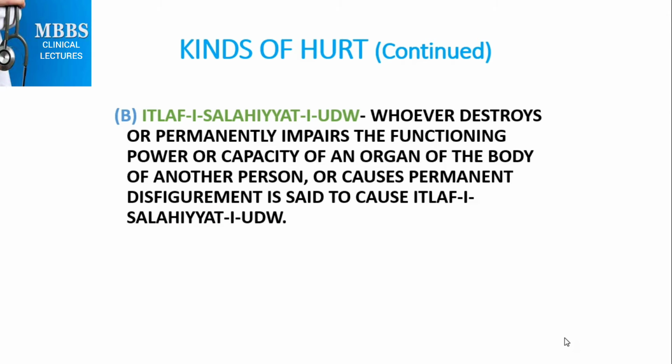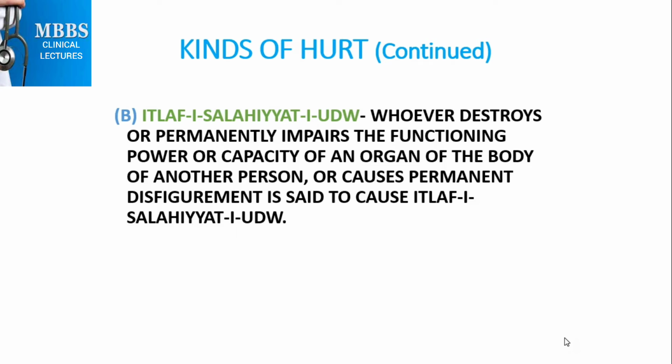Next is itlaf-e-salahiyat-e-udu. As I said, these are Arabic words. Whoever destroys or permanently impairs the functioning power or capacity of an organ of the body of another person, or causes permanent disfigurement, is said to cause itlaf-e-salahiyat-e-udu.